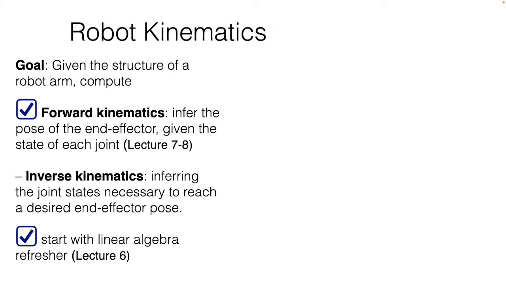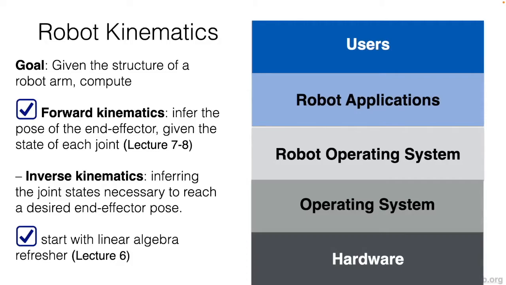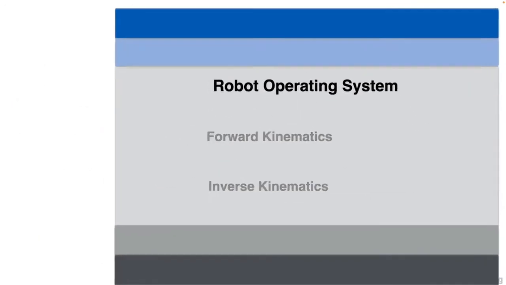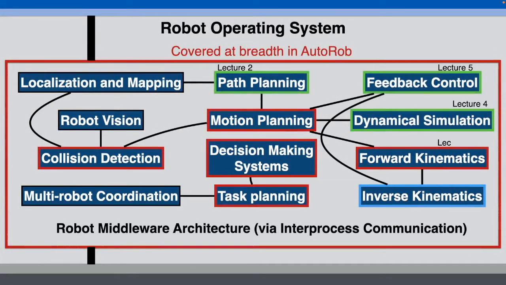Within our robot operating system, both forward kinematics and inverse kinematics fit into the core modules that we would need for our robot operating system to be effective with a broad array of robots.